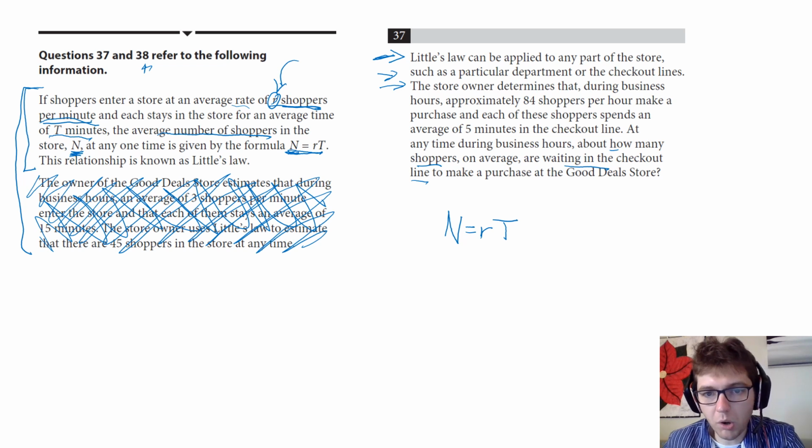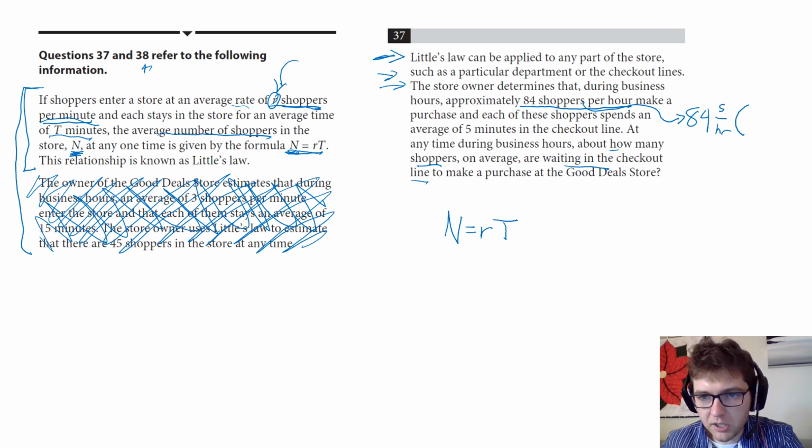So let's look into our problem. We say they have approximately 84 shoppers per hour. Okay, so the first thing we need to do is pull this information out. 84 shoppers per hour. Convert to minutes by saying 1 hour is 60 minutes.